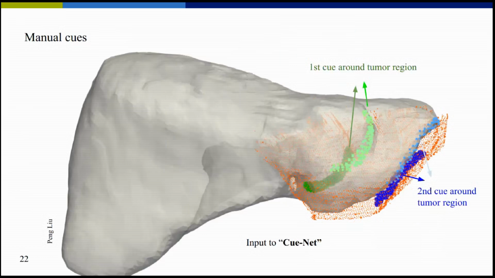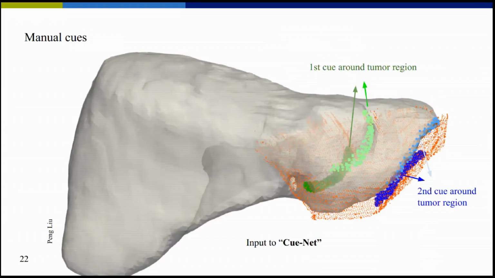What we can do now is ask the surgeon to set various cues on the surface with a very simple tool where they can just use their mouse like a paintbrush, and set cues that should be matching. So green should be matching green, and blue should be matching blue. And they're rough. They're not precise.